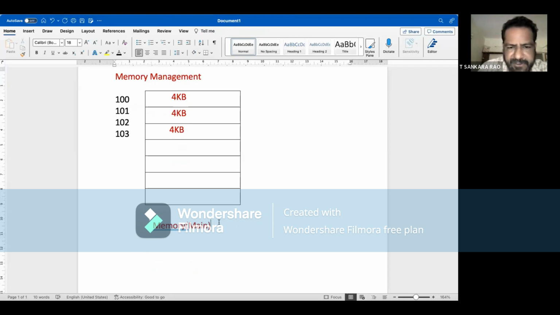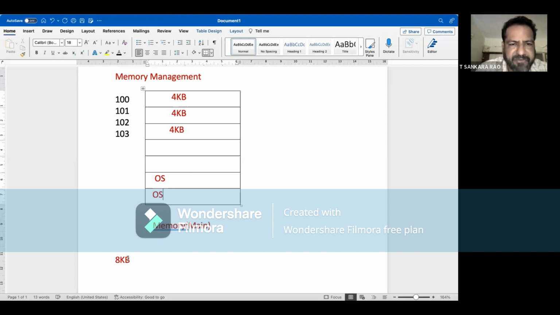Suppose I have a process of 8 KB. The lower portion is dedicated to the OS and the upper portion is the user area. This is the initial snapshot of a computer when it is switched on.